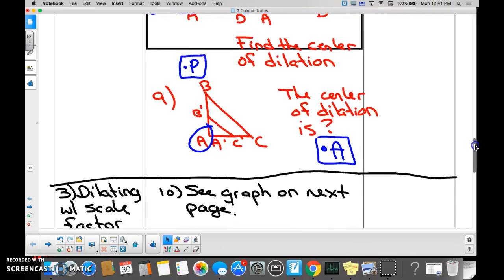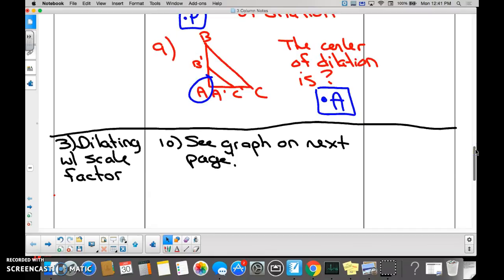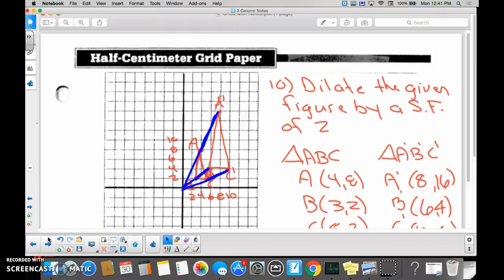Okay, dilating with scale factor, question. If you are dilating with scale factor and you're using the origin as the center of dilation, what's the process? So the origin is the center of dilation. What's the process? Amelia? Multiply by the scale factor. If you're multiplying by a number greater than 1, what's going to happen to the dilation? It's going to get bigger. If you're multiplying by a number less than 1, it's going to shrink.